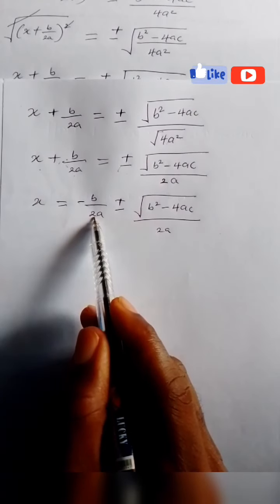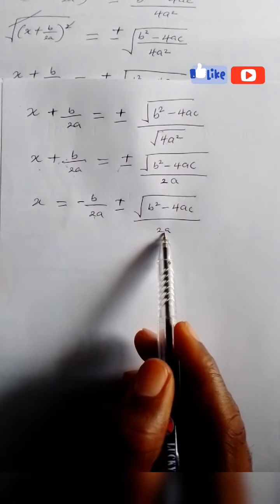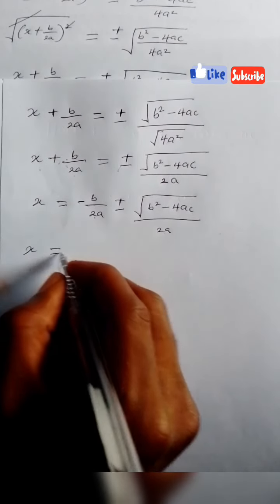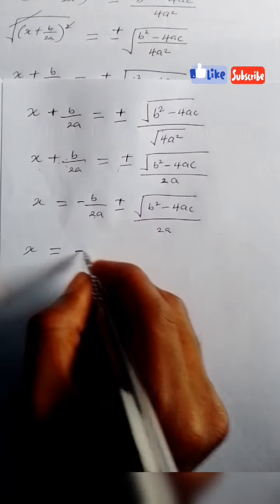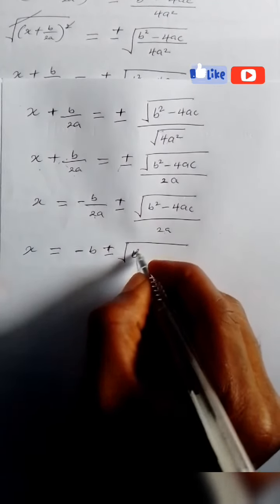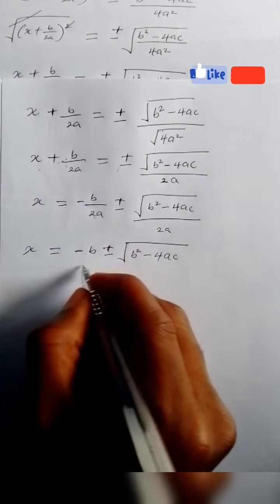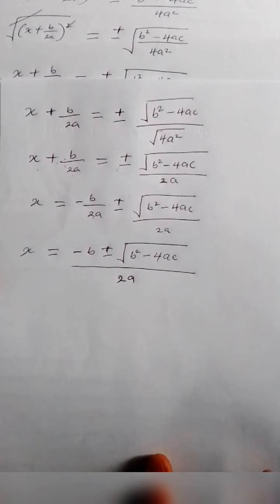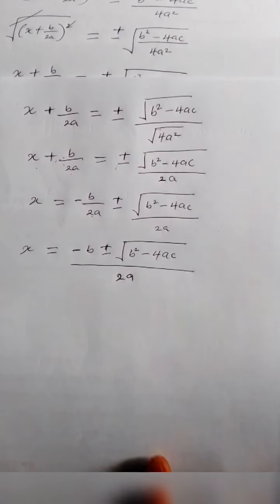We have the denominator to be 2a. Also, we have the denominator to be 2a, so we can combine them together. We have x equals to, when we take the LCM, the LCM is 2a. Alright, we have succeeded in deriving the quadratic formula.